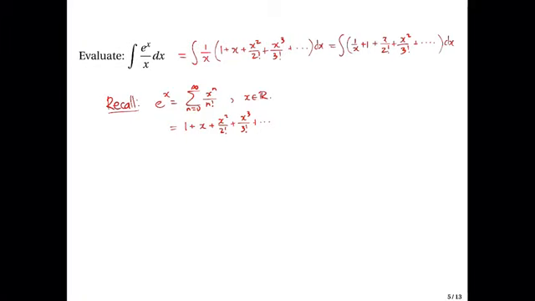So if we integrate this, we will get ln absolute value of x, okay, plus x plus x squared over 2 factorial times 2 plus x cubed over 3 factorial times 3 plus dot, dot, dot, and then you have your plus C at the end. Okay?